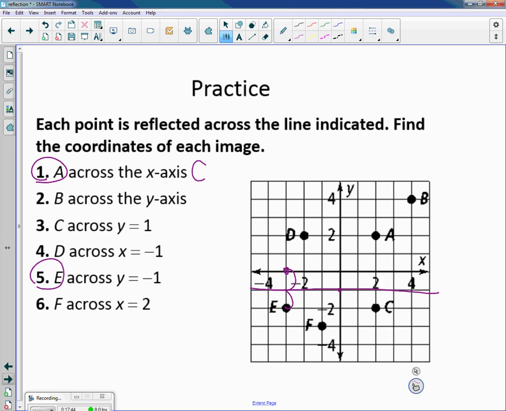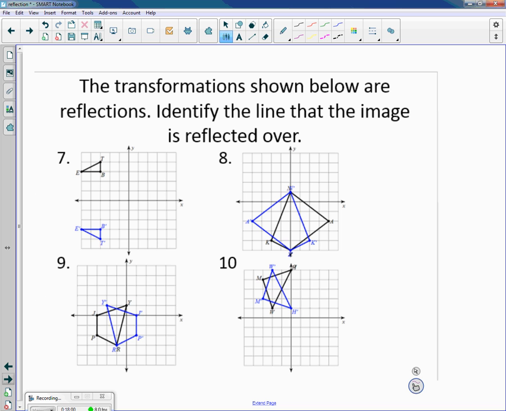This one does not have an ordered pair, but you can tell me that it lands at negative 3, 0. Okay? So it does not have to land on an ordered pair, but if it does, you can just tell me the letter.